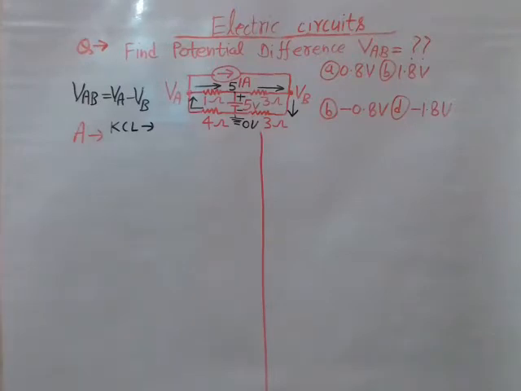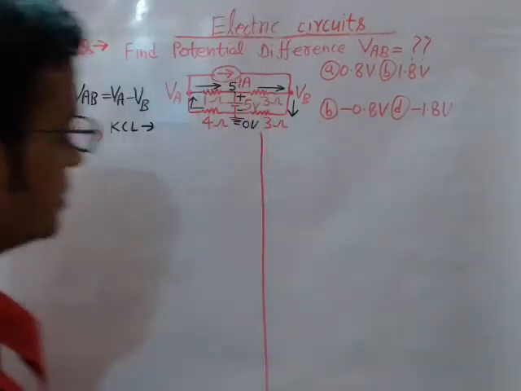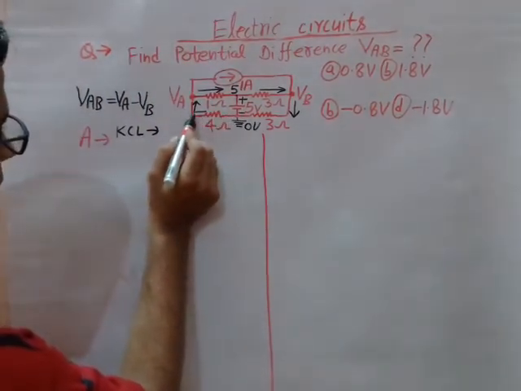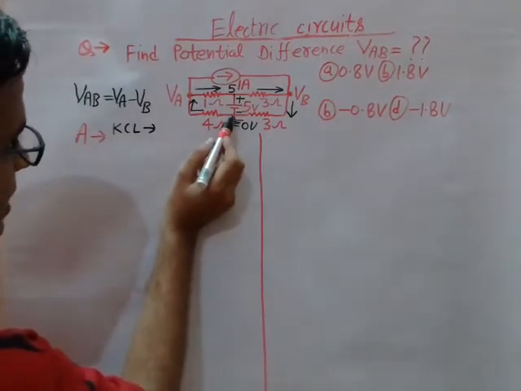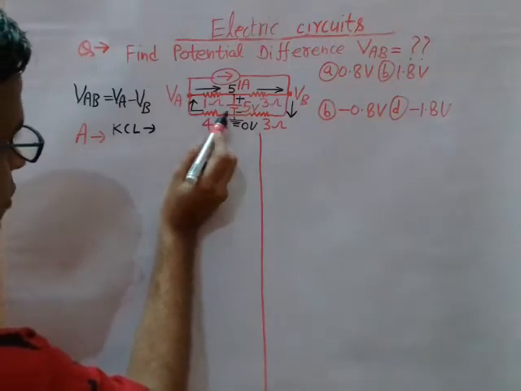Now I will write KCL, Kirchhoff's current law. I have chosen arbitrary directions of currents. I have chosen the direction of current in this 4 ohm like this. That means I will write 0 minus VA by 4 ohm, that is the value of current in this branch.